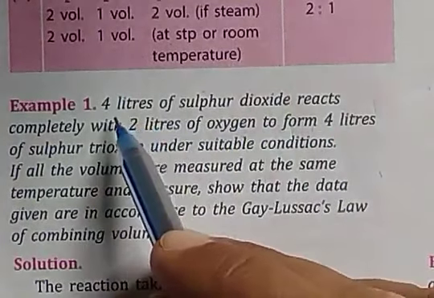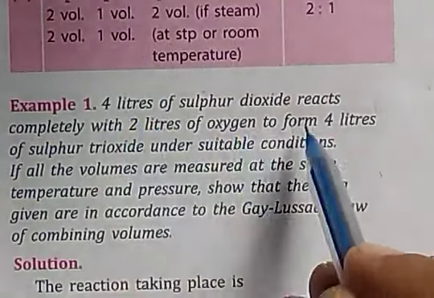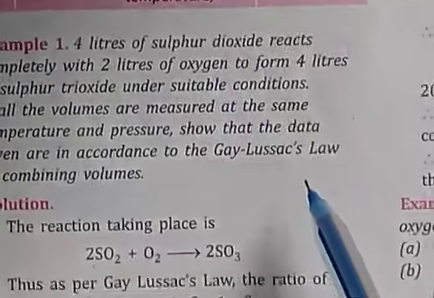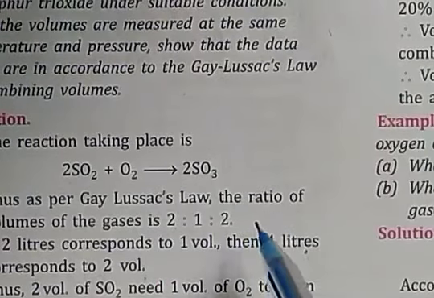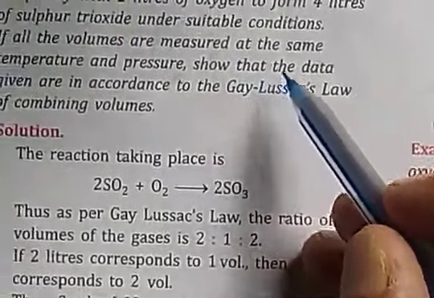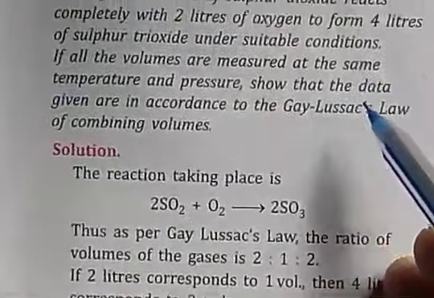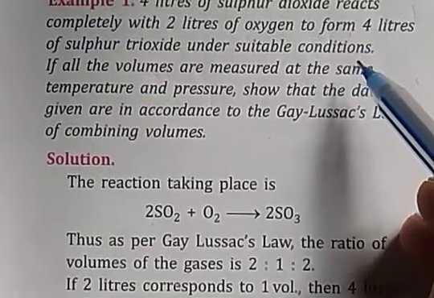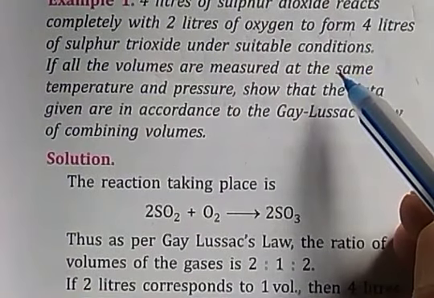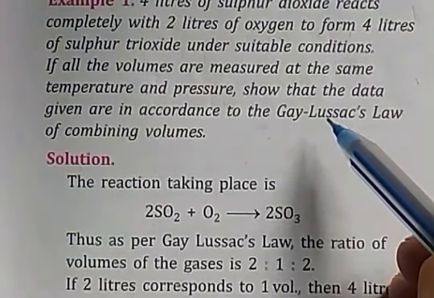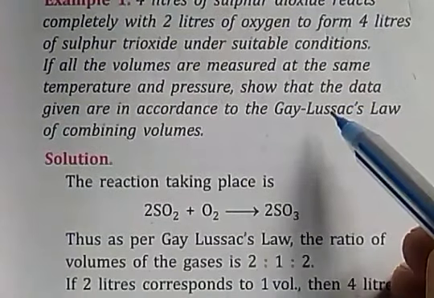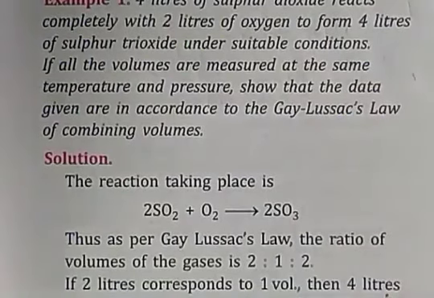If we divide this ratio by 2, then we get 2 is to 1 is to 2. So the conditions given in the question are in accordance with the Gay-Lussac law. So no doubt it follows the Gay-Lussac law of combining volumes.